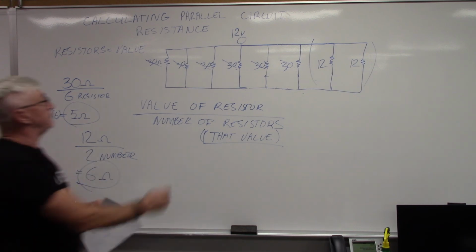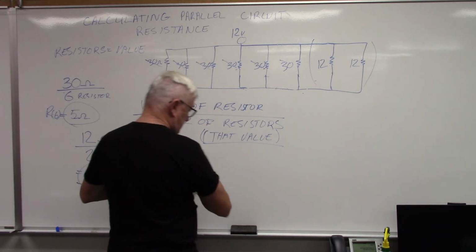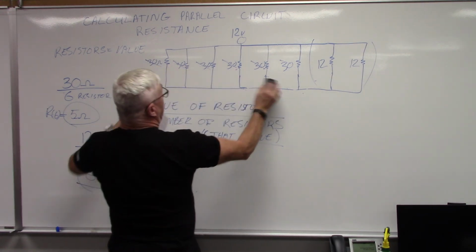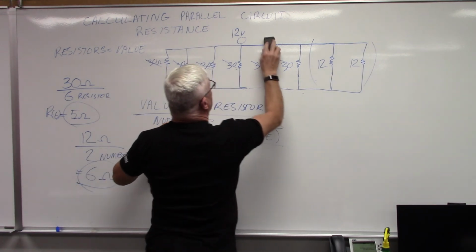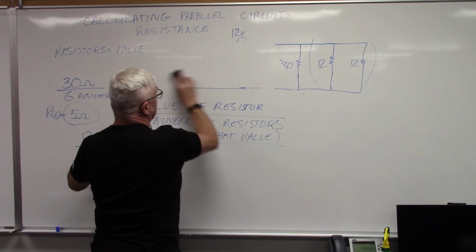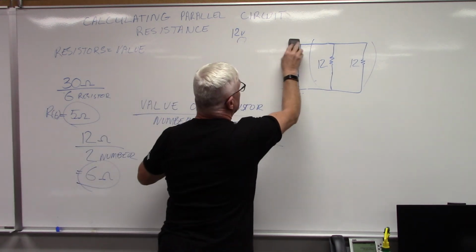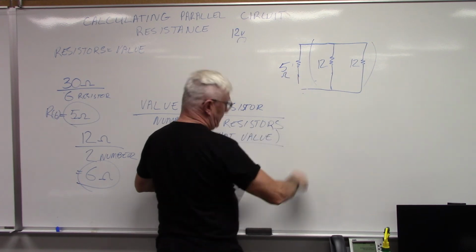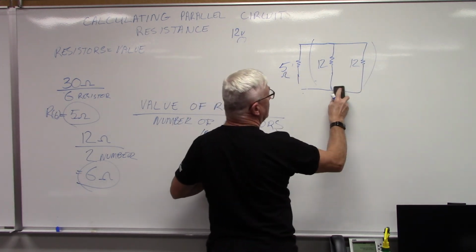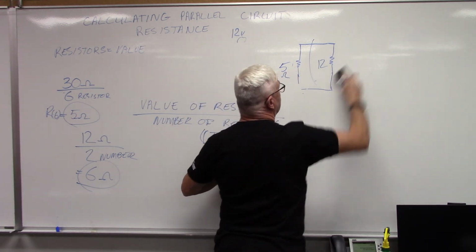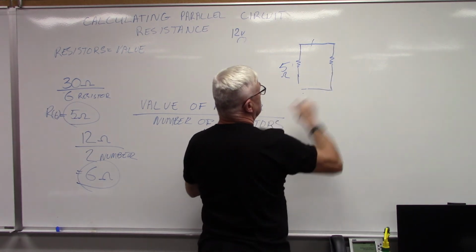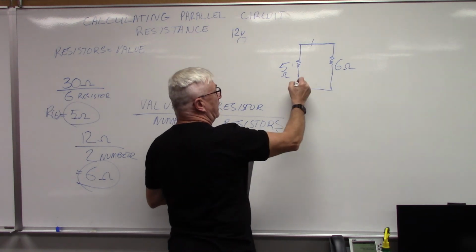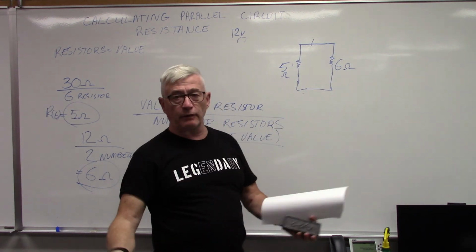Now I know that if I took all of these resistors, they're essentially equal to one resistor of 5 ohms. And if I take these two resistors, I know that they are equal to 6 ohms. All right? Now I can use, which method do you think would be great?